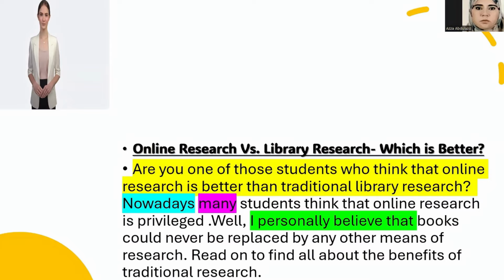Then we used a generalization: we used nowadays, which is a time fixer, and then many, which is a generalization, and also we expressed whose opinion is being expressed here, which is many students. And I used one of the opinion phrases, I personally believe that. This is how we can arrange everything that I mentioned in a successful introduction.